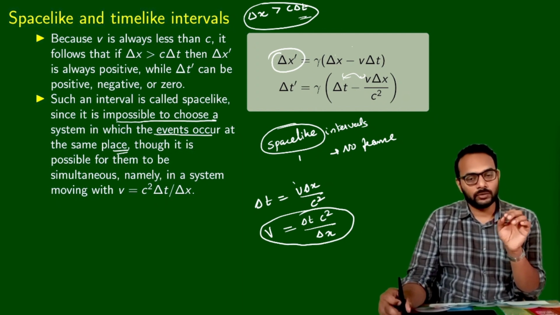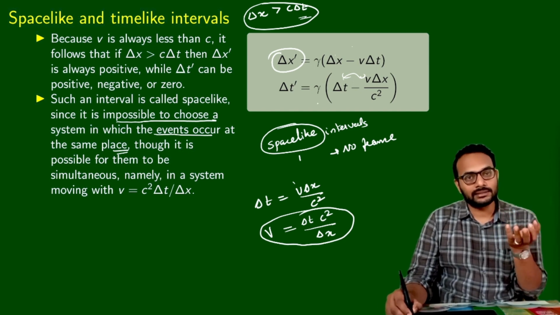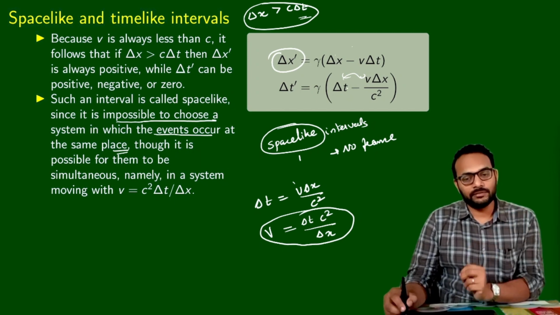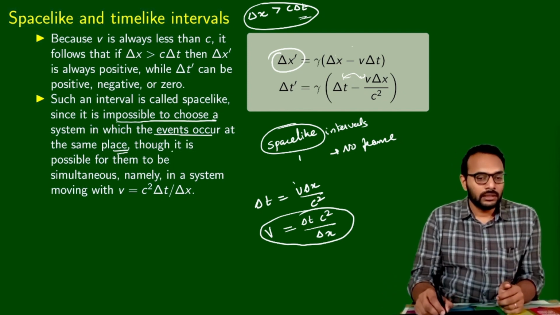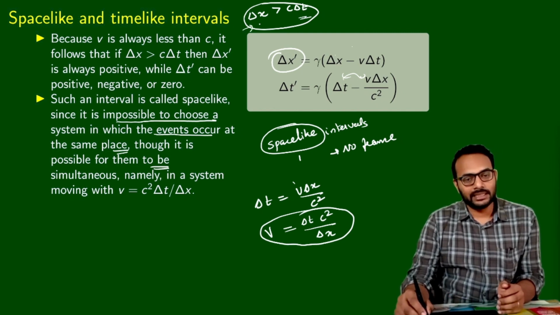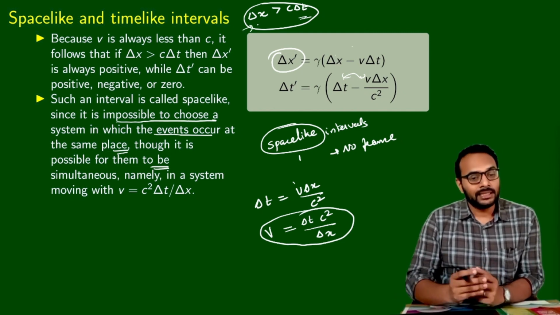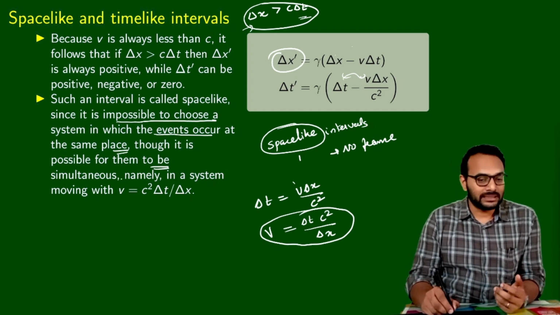In other words, there are inertial frames in which these events are simultaneous, but there are no inertial frames in which these events happen at the same point in space. So it is possible for events separated by a distance greater than c delta t to be simultaneous.